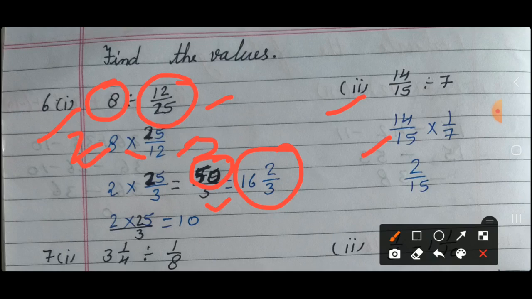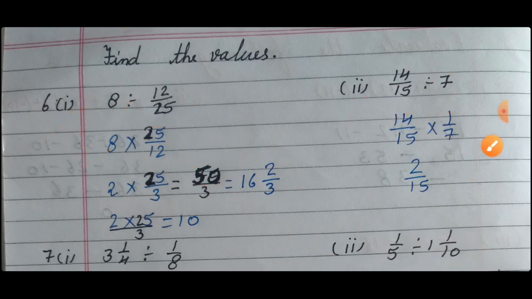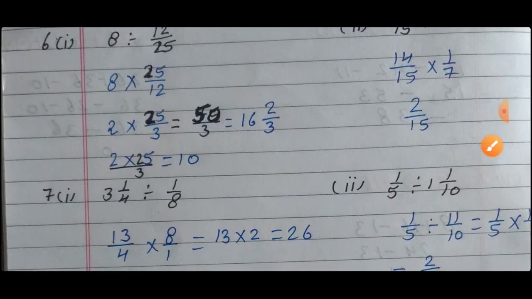The reciprocal of 7 will be 1 upon 7, and we multiply. 14 and 7 both have a common factor of 7. 7 1s are 7, 7 2s are 14. In the numerator, we get 2 multiplied by 1, and in the denominator, 15 multiplied by 1. The answer is 2 upon 15. Third and fourth parts of question number 6, try yourself.